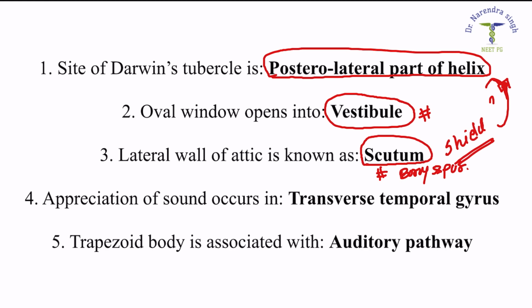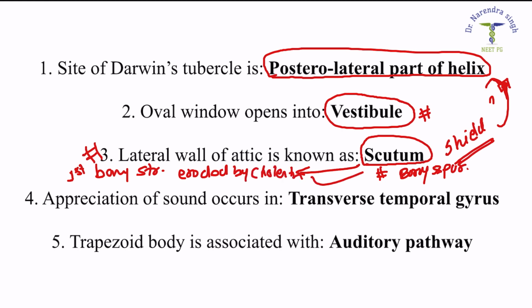The second question which is most commonly asked in association with scutum is the first bony structure to be eroded by cholesteatoma. The first bony structure eroded by cholesteatoma is scutum.